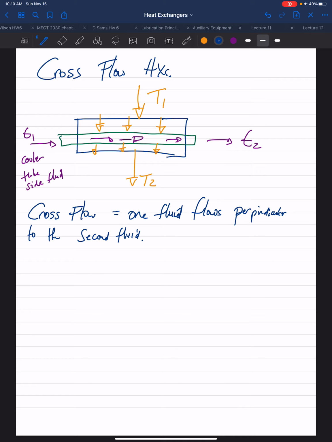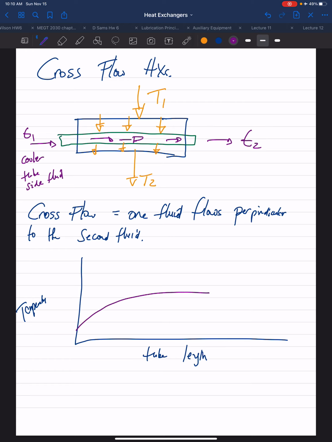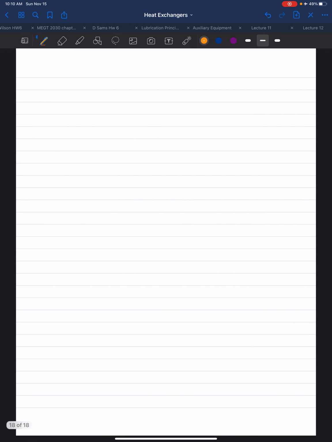And how this temperature profile looks. Once again, x-axis is tube length. Y-axis is temperature. You're entering and leaving tube side temperature. Entering and leaving shell side temperature.